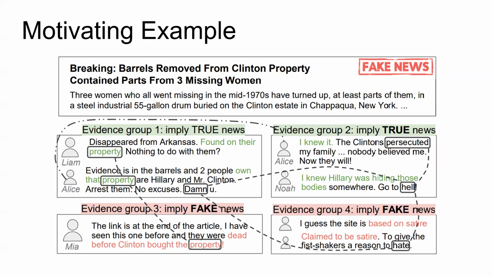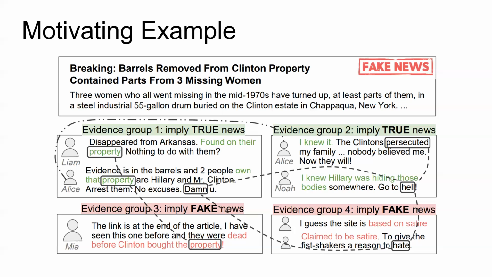For evidence under certain topics, if we only consider those discussions, we might reach the conclusion that the news is true. But if we consider other topics and their in-between relationships or interactions, then we can draw a better conclusion about the truthfulness of the news.